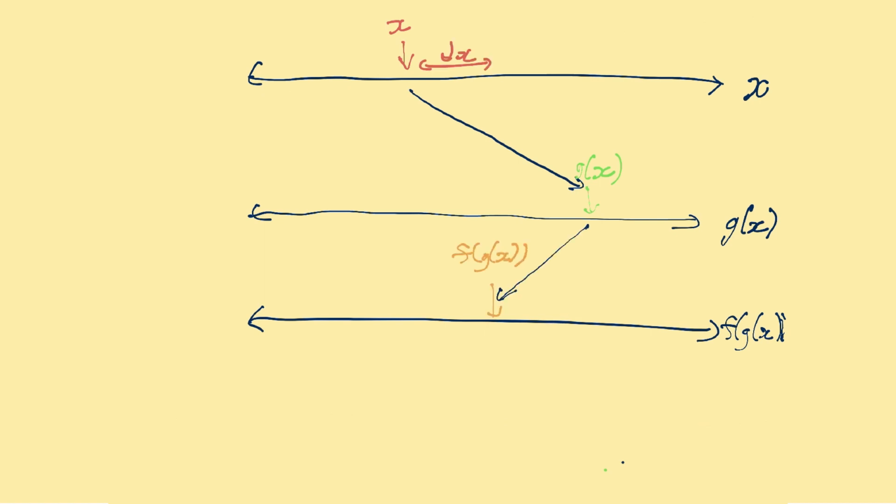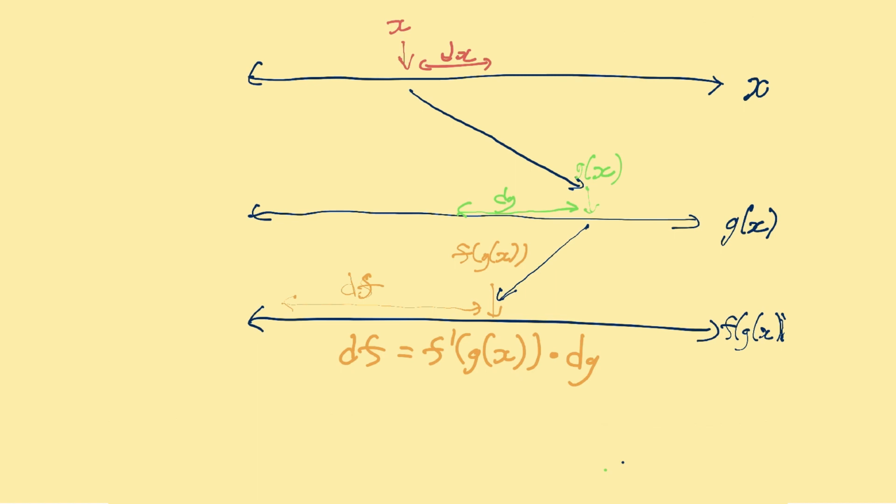Let's say we nudge x by some small amount dx. That nudges g of x by some small amount we'll call dg, and that in turn nudges f of g of x by some small amount we'll call df.